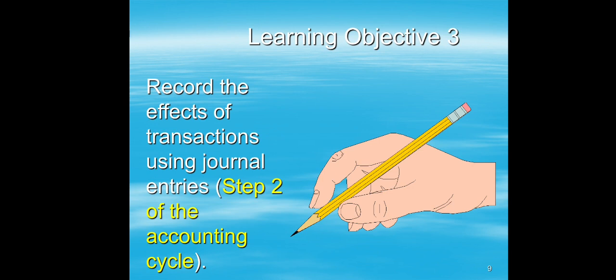Step 8, you have to do closing entries. So last week, in the previous lecture, you learned about step 1, how to do the analysis. This week, in this lecture, you will learn about step 2, which is record the transactions in the journal.